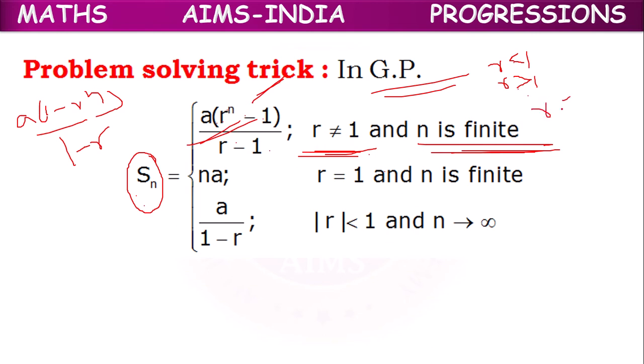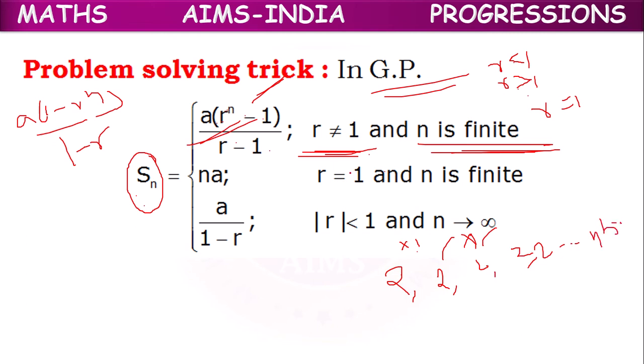If r equals 1, what happens? 1 power n minus 1 will become 0, so that formula we should not consider. If we have 2 here, and r is 1, we multiply with 1 to get the next term. 2 into 1 is 2, next term 2 into 1 is 2, like that n times.